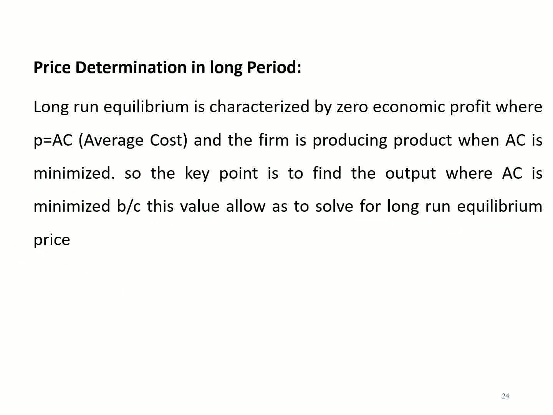In the long run, there is zero economic profit, or normal profit only, because a firm can either enter if the profit is supernormal, or exit if there is a loss. That's why a firm can only make a normal profit in the long run. That means it is a point where price can cover only the average cost.